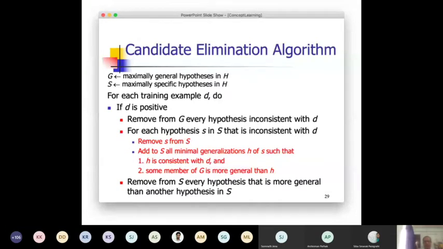So maybe all these steps are not required every time, because you will often find that whatever hypothesis you are getting, no such condition exists. But if such a condition exists, because you are choosing the most specific hypothesis, and somehow you find something more general, then that has to be removed.